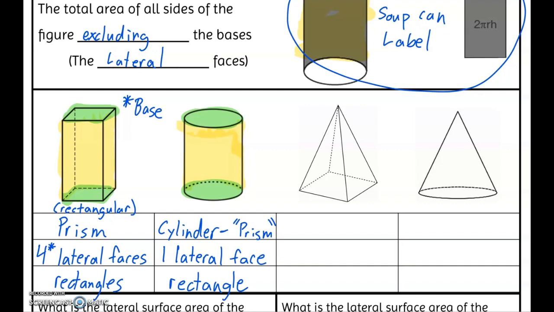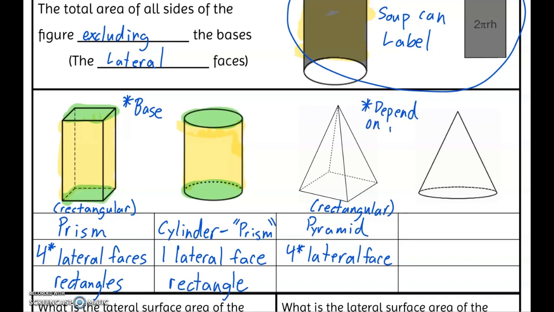Okay, so this next shape here is a pyramid. This specific pyramid is a rectangular pyramid. Now, this shape has 4 lateral faces. Again, these faces depend on what base you have.